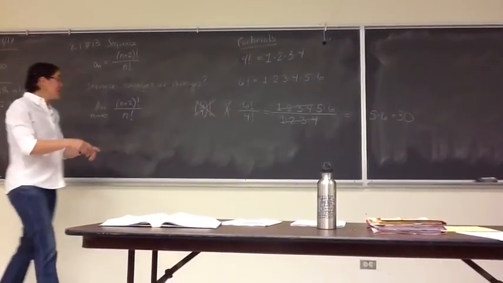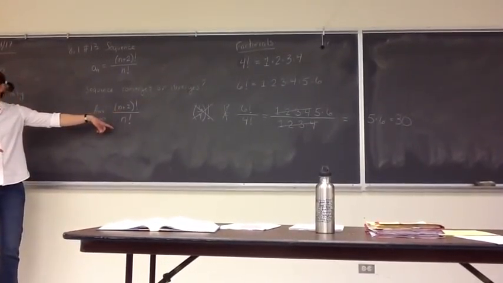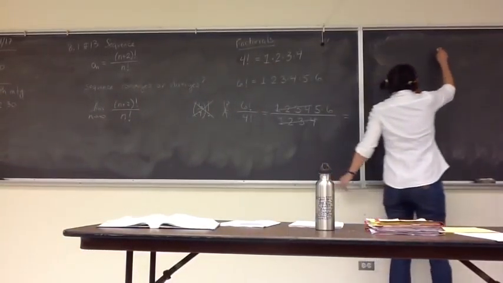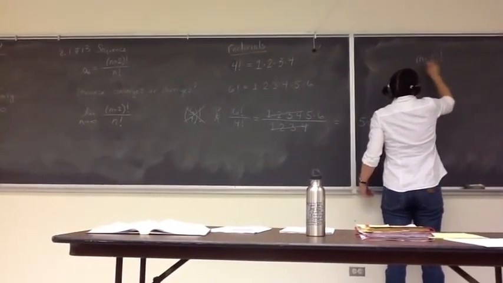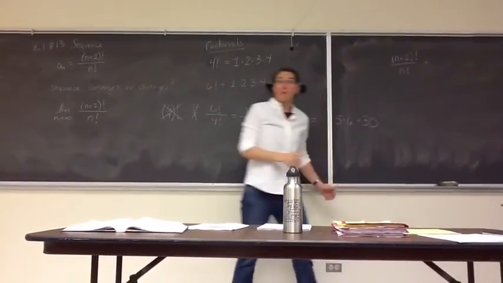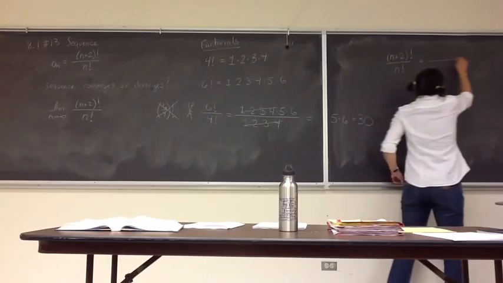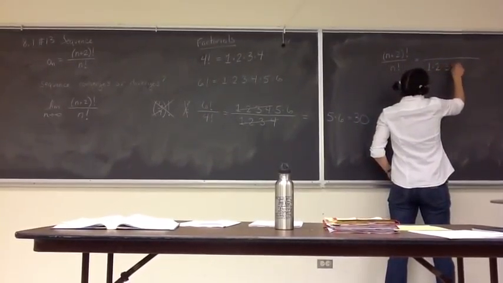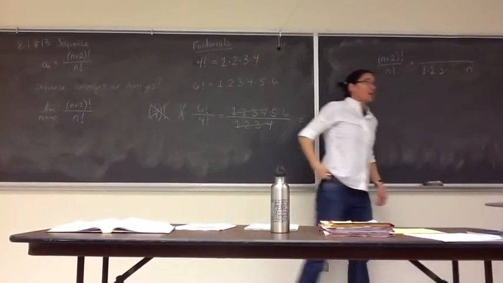Okay, so let's go back to our problem over here. Over here we have (n plus 2) factorial divided by n factorial. So if I write this out, on the bottom, n factorial says that I'm going to start with 1, and then times 2, times 3, and I'm going to keep on going until my very last number, which is going to be n.